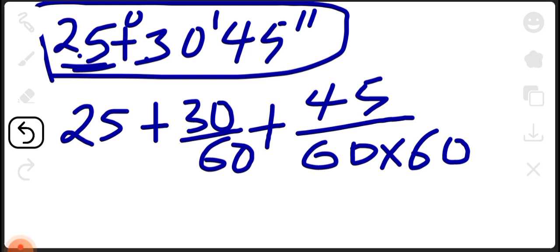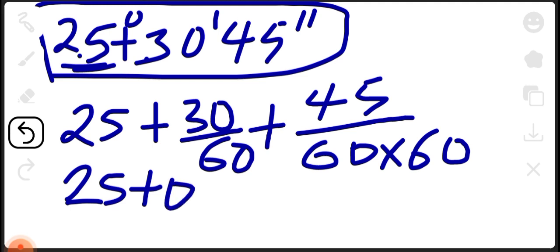Or you can just solve it directly with your calculator. So let me just write it out now. We're going to have 25 plus 30 divided by 60, that is 0.5, plus 45 divided by 60 times 60.